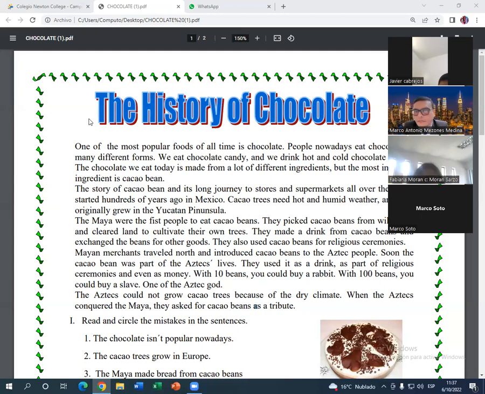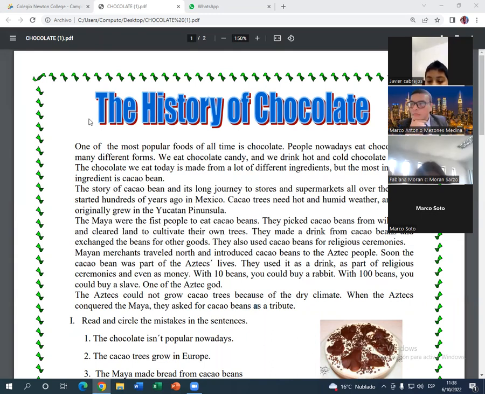But the most important ingredient is cacao bean. The history of cacao bean and its long journey to stores and supermarkets all over the world started hundreds of years ago in Mexico.